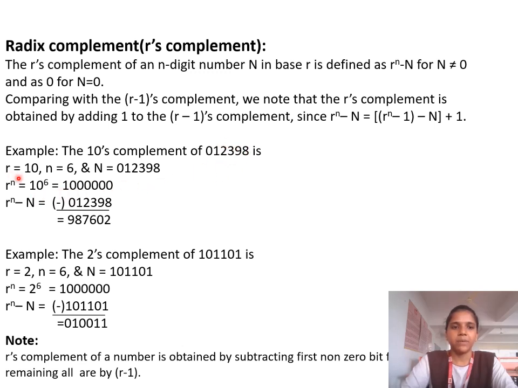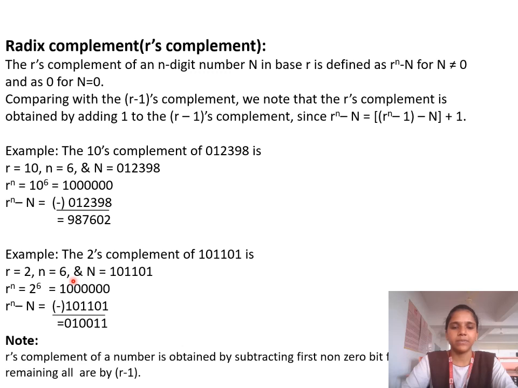Here we took the 10's complement of the given number capital N. For a decimal number, the base radix R is equal to 10. The number of digits of the given number is 6. By subtracting, R power n minus capital N, we get 987602.